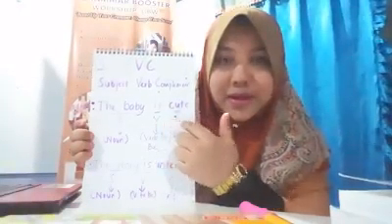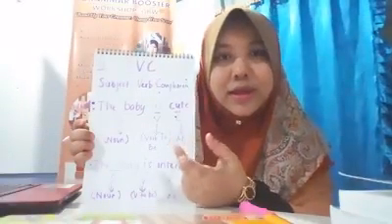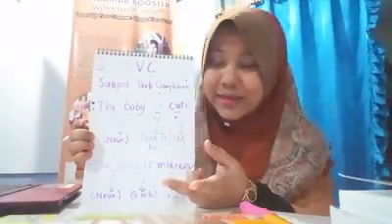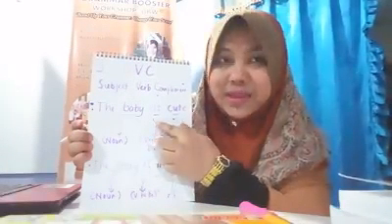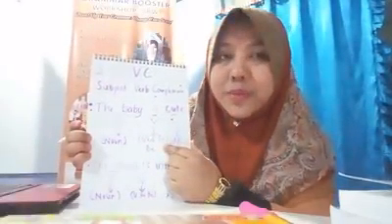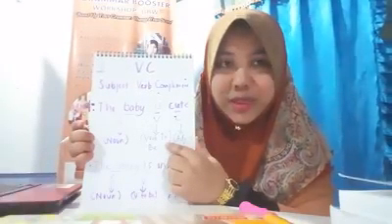If you still remember the verb eat, what else? Swim. All those are actions. But in this SVC, the verb here must be the verb to be. I hope you know what verb to be is.